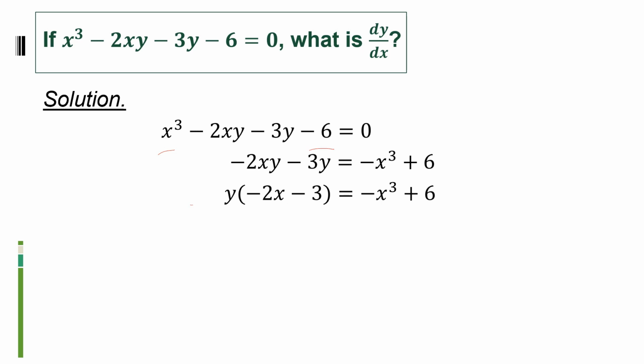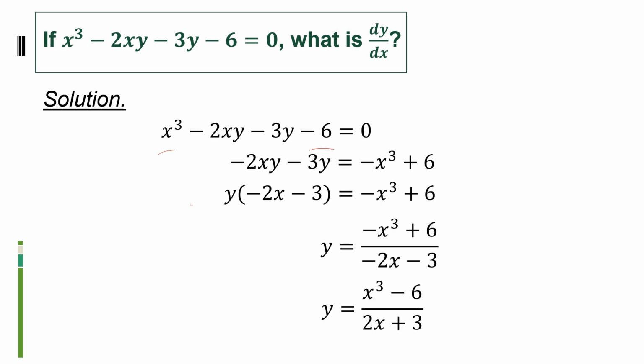So dividing both sides by negative 2x minus 3, we have y equals negative x cubed plus 6 all over negative 2x minus 3. Or kung gusto nyo ilabas yung negative, so dito magiging negative of x cubed minus 6 over negative of 2x plus 3 para mag-cancel out siya. So we now have y equals x cubed minus 6 over 2x plus 3.